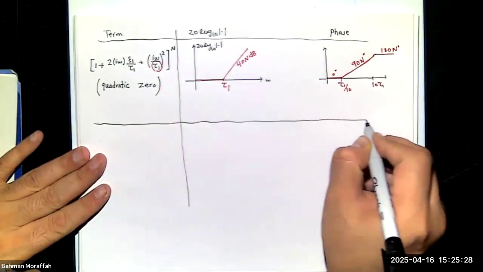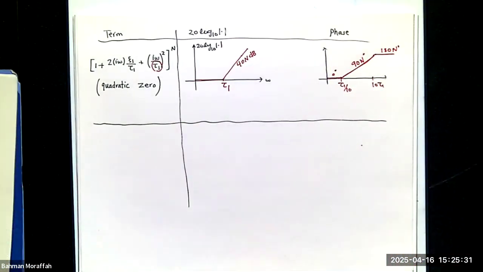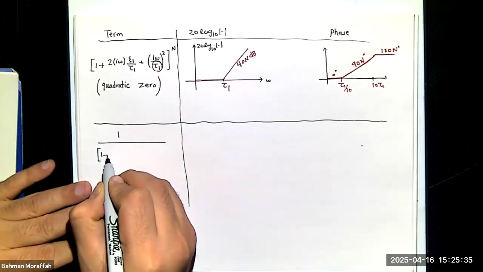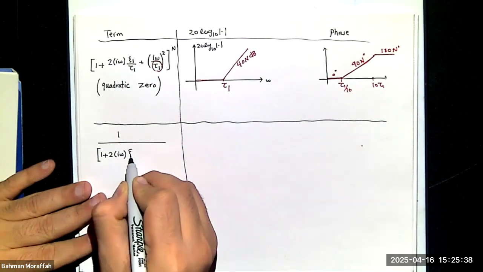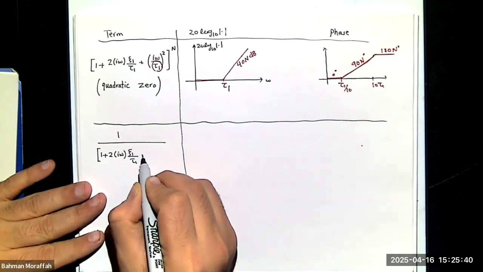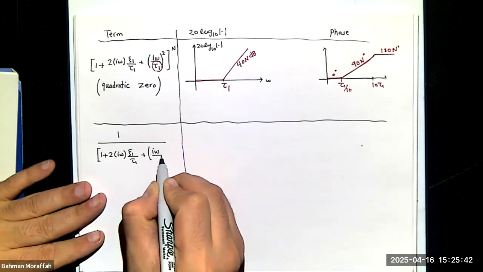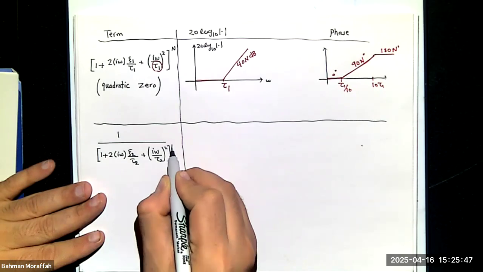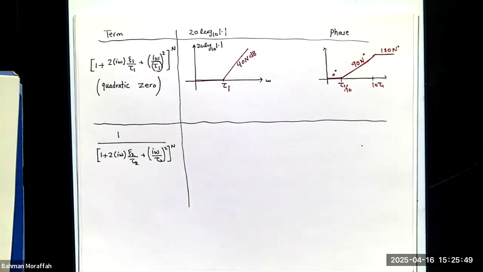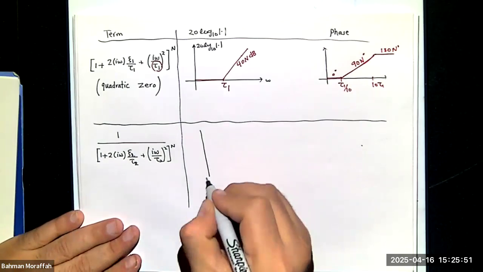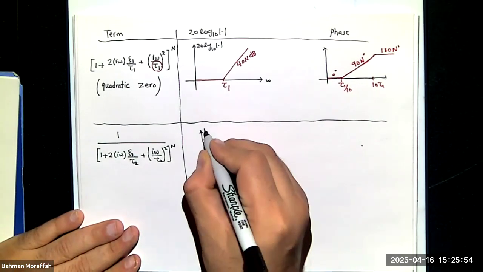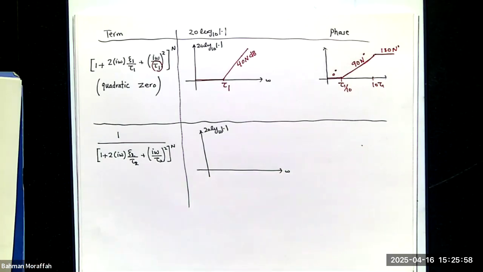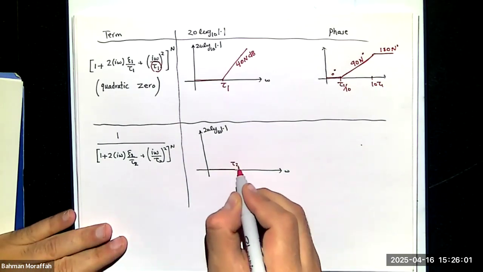And for the quadratic pole, it's very, very similar to this. So if I have something that looks like this, C1 over tau 2 plus I omega, just call it tau 2, squared, power n. If I look at the magnitude, 20 times log 10 of the magnitude, again, I'm going to have some breakpoint, which is this tau 2.